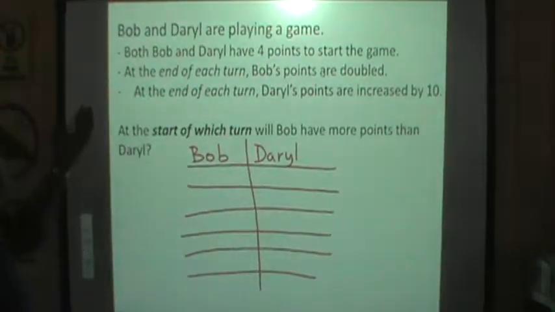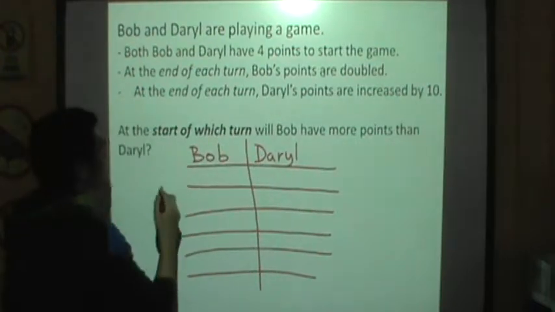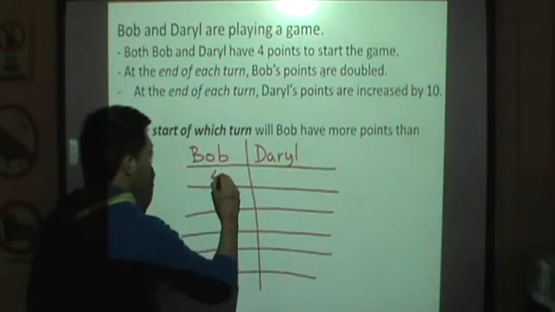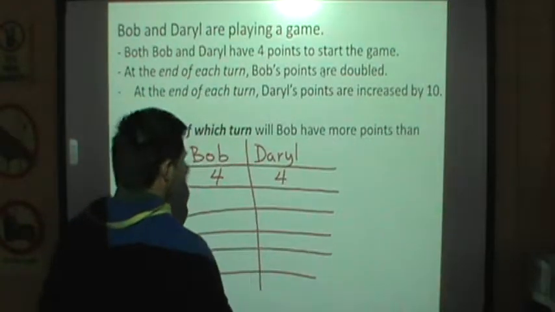According to the problem, they both started with 4 points. So Bob has 4, Daryl has 4 as well.